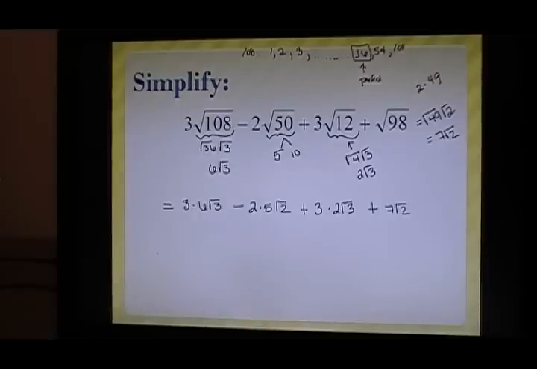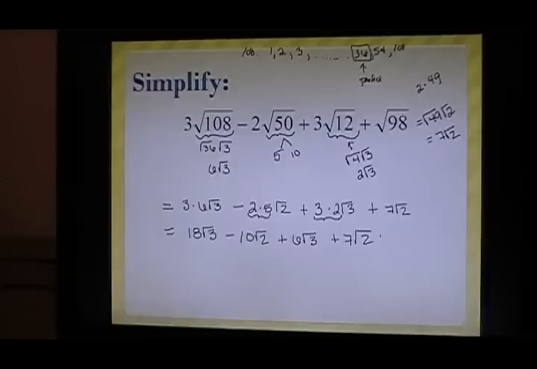So 3 times 6 is 18, so this is 18 root 3. Here, multiplying the 2 by the 5, I have minus 10 root 2. 3 times 2 is 6, so plus 6 root 3. And then here I have plus 7 root 2.